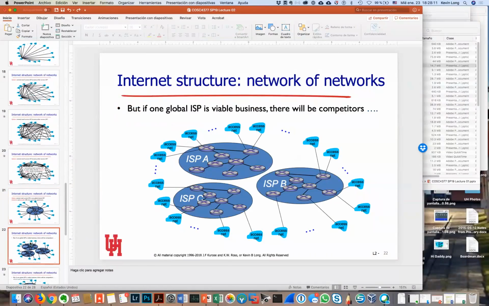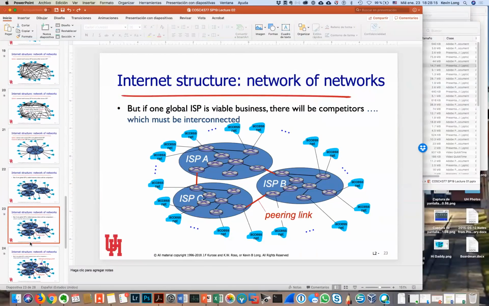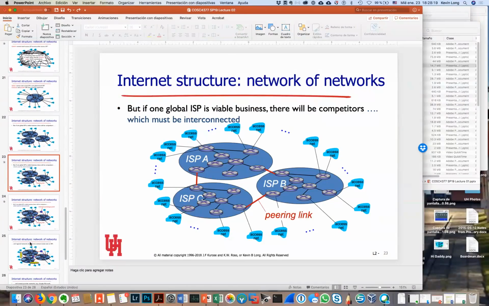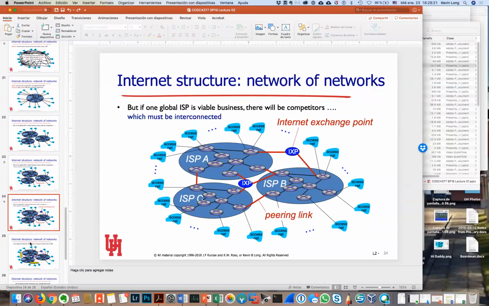In fact, what we can have are people that are regionally responsible and then overlay them with connections that get them talking to each other, and maybe have some special types of locations that float up above that we can use to poke holes in everybody's networks and let traffic drain out over to me. So this would be like Equinix, for example, a place where you let everybody exchange traffic.